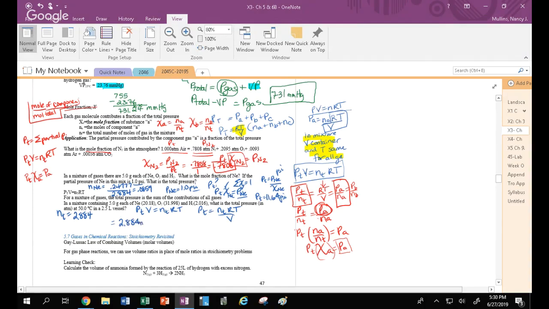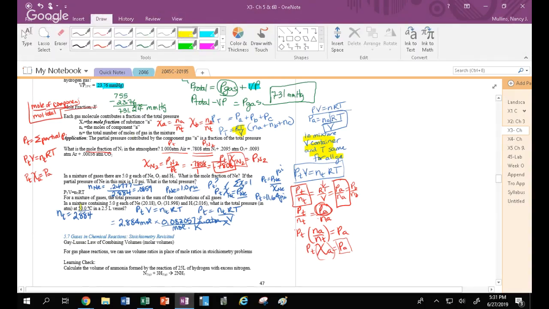2.884 moles times 0.082057 liters times atmospheres over moles times Kelvin. Our temperature was given as 50 degrees Celsius, but we would never even think about working in Celsius. In fact, I won't even grade the question if you work it in Celsius.